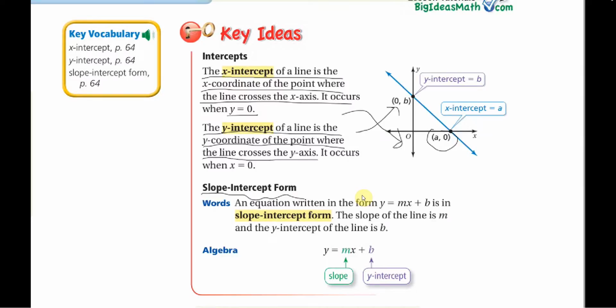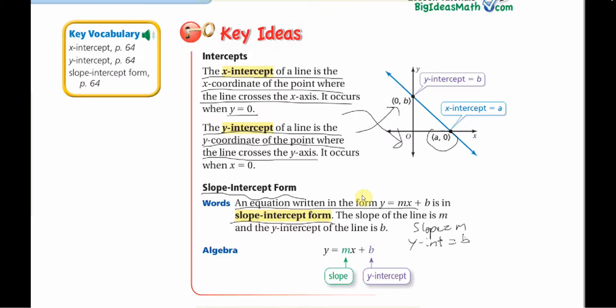So an equation written in the form y equals mx plus b is in slope-intercept form. Write that definition down. And here you can define that the slope of the line is m, or you'd even say slope equals m if you don't want to write very much down, and y-intercept, or y-int, as we'll start to get used to it, equals b.